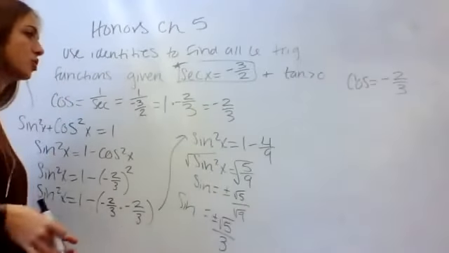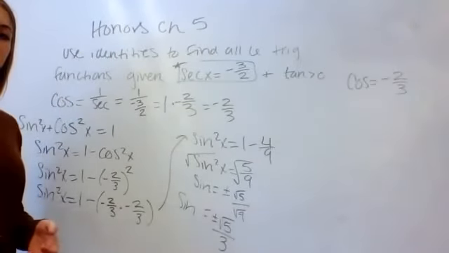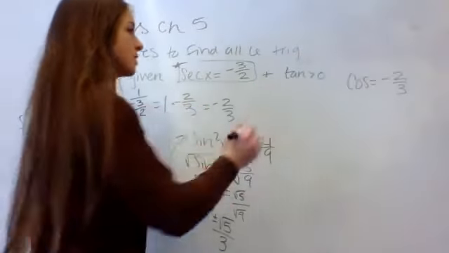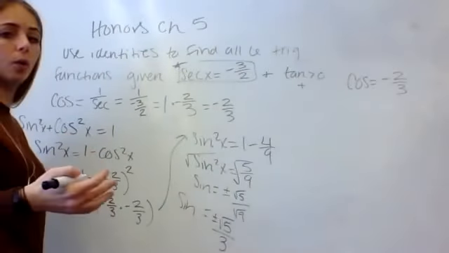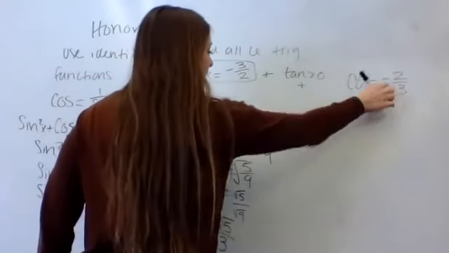But I want to challenge you here. We were given the fact that tangent is positive because tangent's greater than 0. We also now know that cosine is negative.